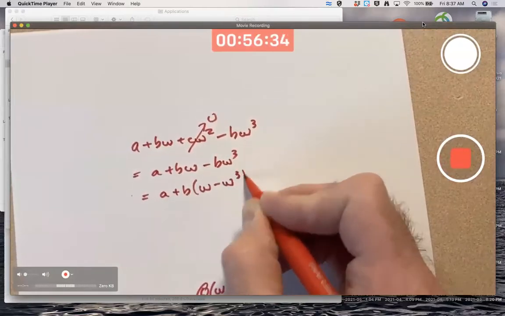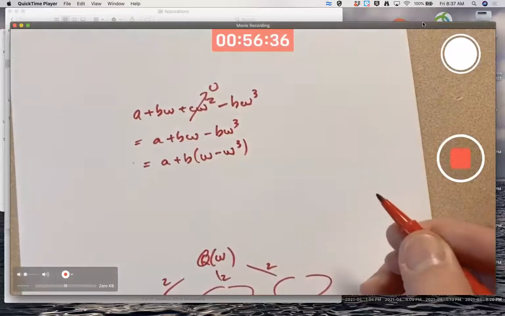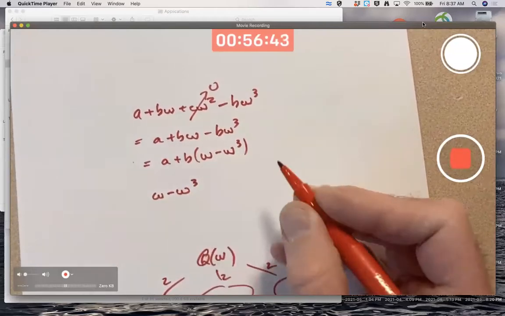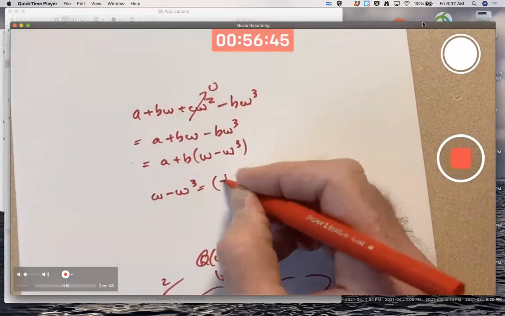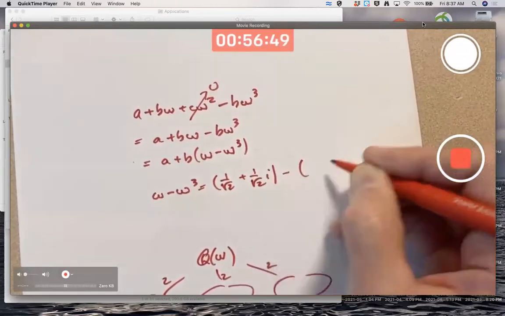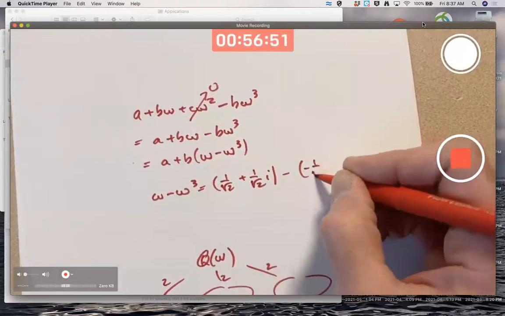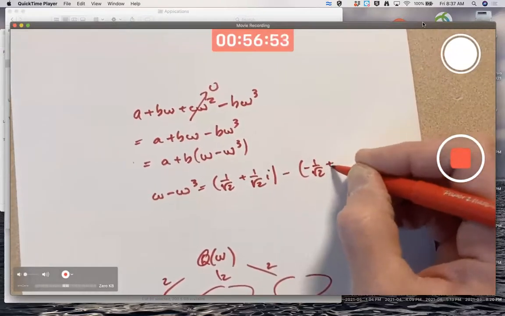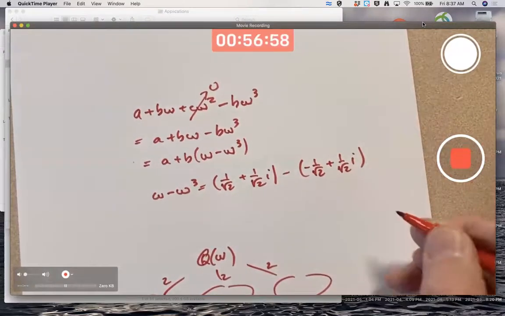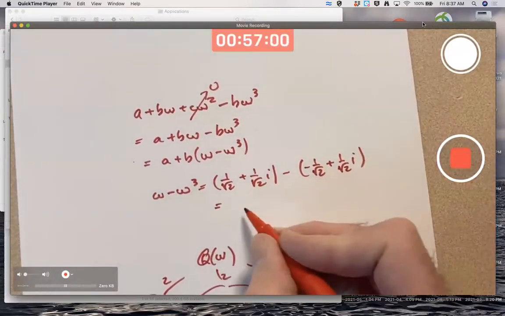Which means I'd want to figure out what is omega minus omega cubed. Omega minus omega cubed is 1/√2 plus 1/√2 times I minus omega cubed, which was -1/√2 plus 1/√2 I. I'm subtracting those. Looks like this gives me √2.